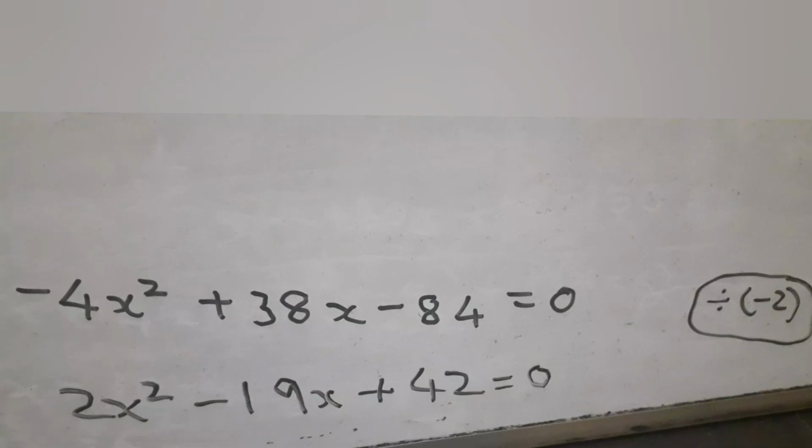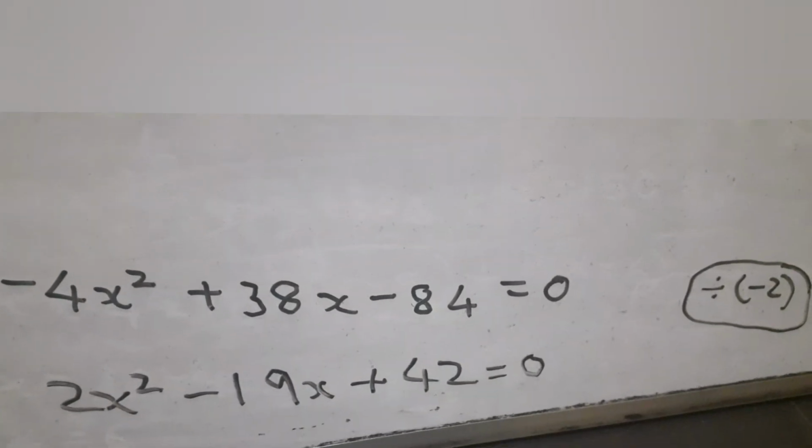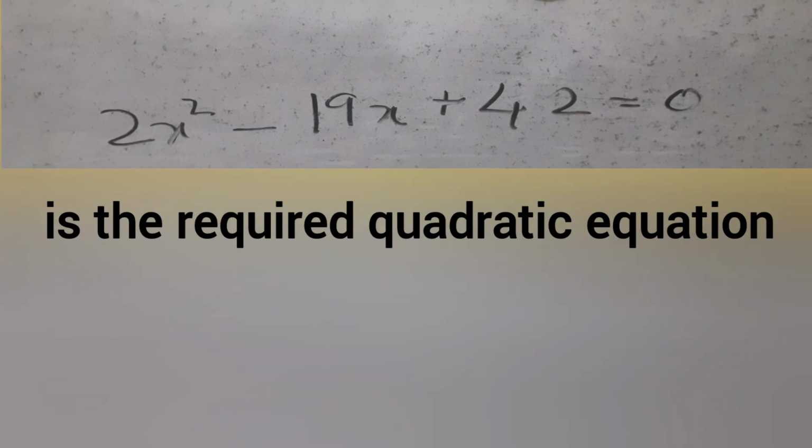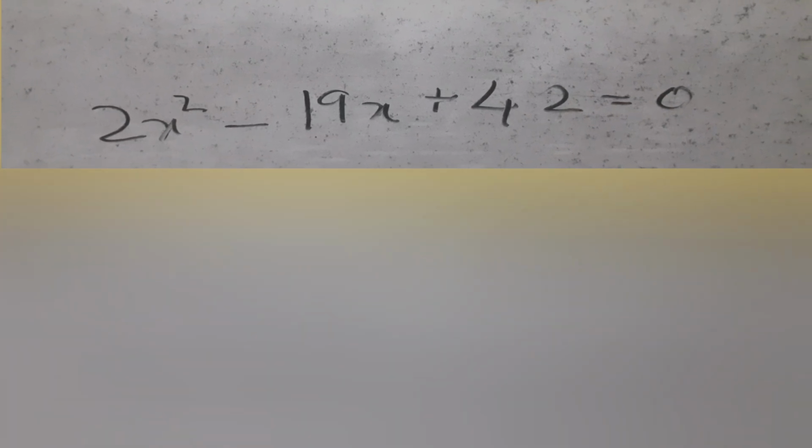Cancel off the common factor minus 2. So the required quadratic equation is 2x square minus 19x plus 42 equal to 0.